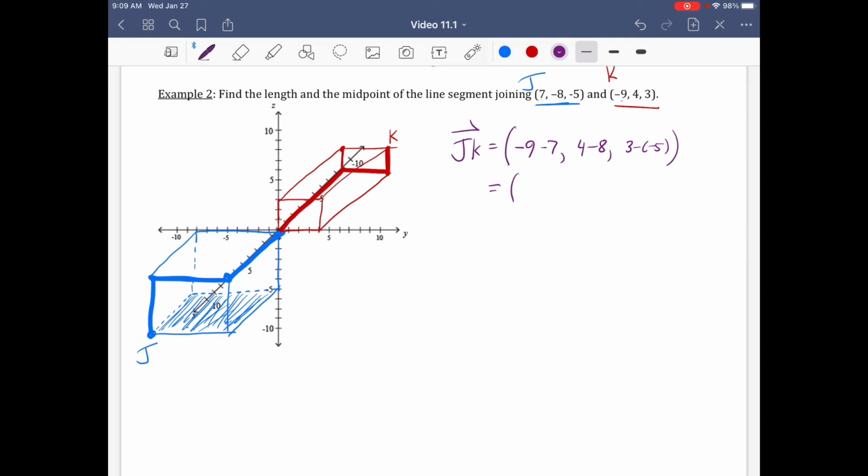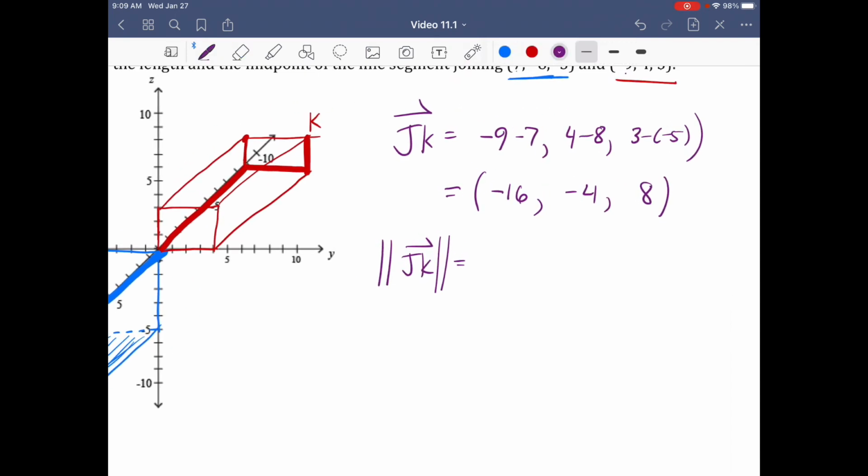How do you get from point J to point K? So we've got negative 16, negative 4, and 8, which is nice. So now the magnitude of that would be the distance, okay? Which would be the square root of the squares of the components.